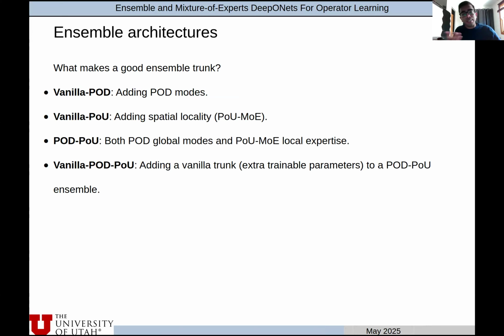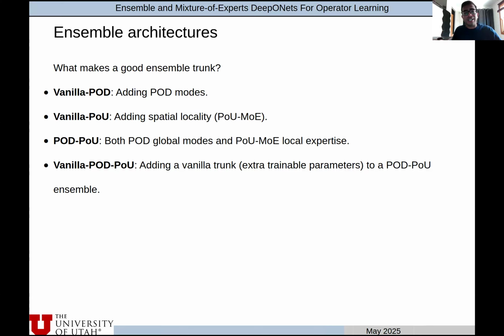So for example, the vanilla purity, the first one, architecture, asks whether adding purity modes to just a normal global set of trainable basis functions helps it be more expressive and learn better. Or does adding spatial locality to the vanilla trunk make it more expressive?